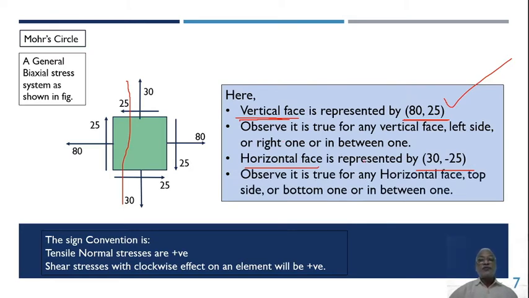So it is true for any horizontal face, top side or bottom side, or in between. If you take any horizontal face and try to analyze the stress along that face, it will have 30 tensile and then 25 anti-clockwise shear stress.